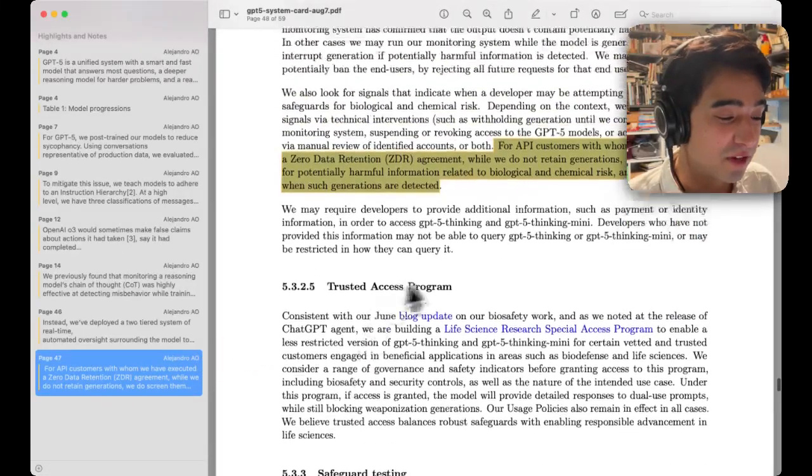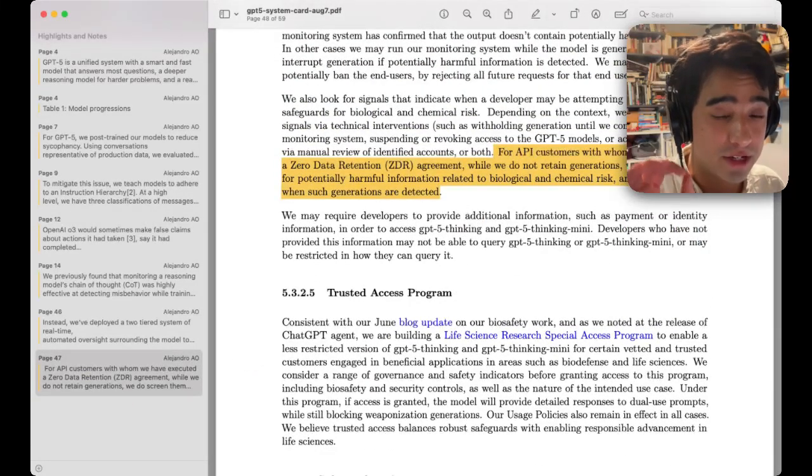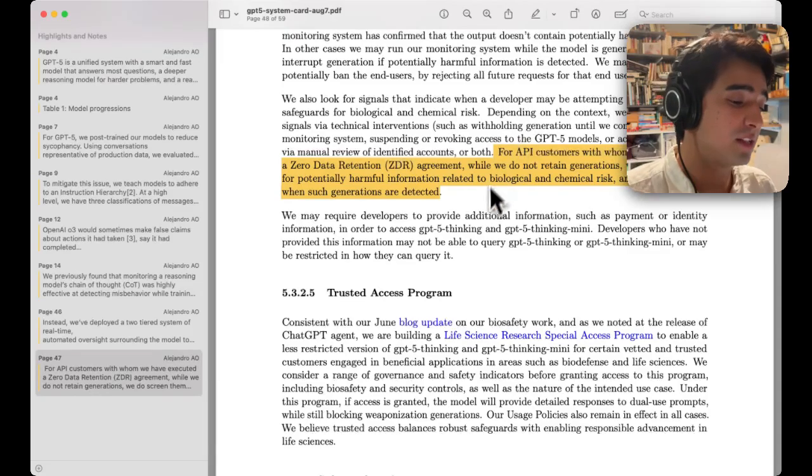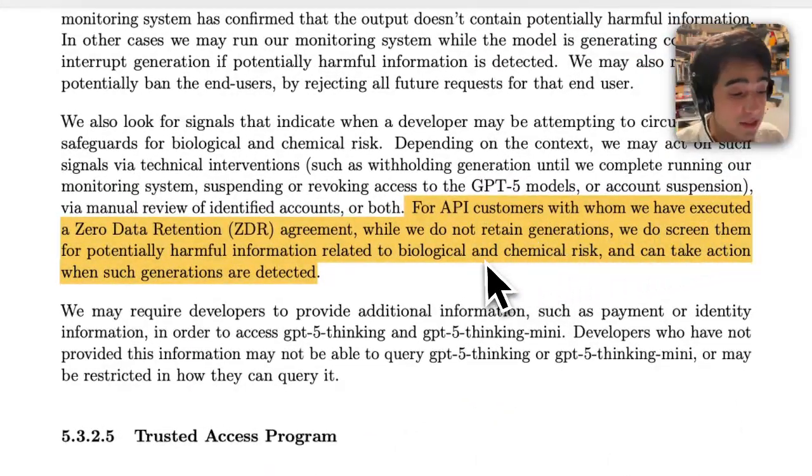And something also very interesting about this is that they are going to be monitoring every single generation, even for zero data retention people. So, as they say right here, for API customers with whom we have executed a zero data retention agreement, while we do not retain generations, we do screen them for potentially harmful information related to biological and chemical risk, and can take action when such generations are detected.